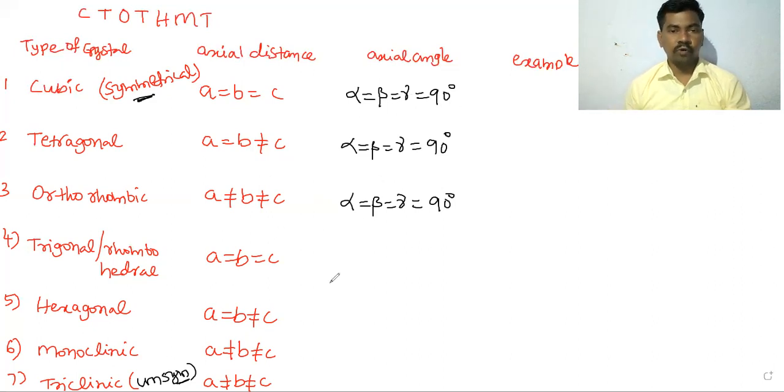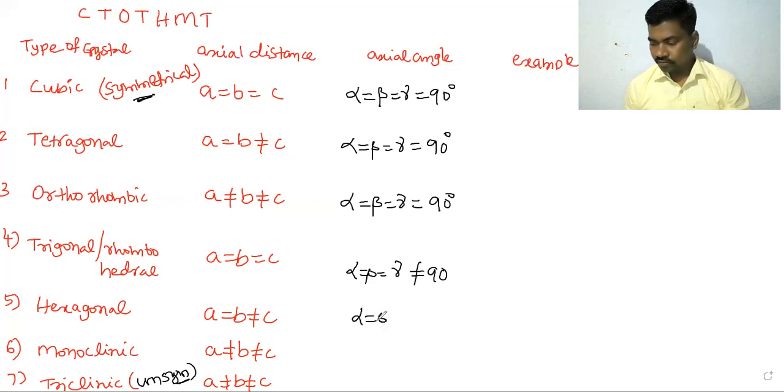Then from the fourth one, trigonal, alpha is equal to beta is equal to gamma is not equal to 90 degrees. Then hexagonal, alpha is equal to beta is equal to 90, but gamma is equal to 120 degrees.